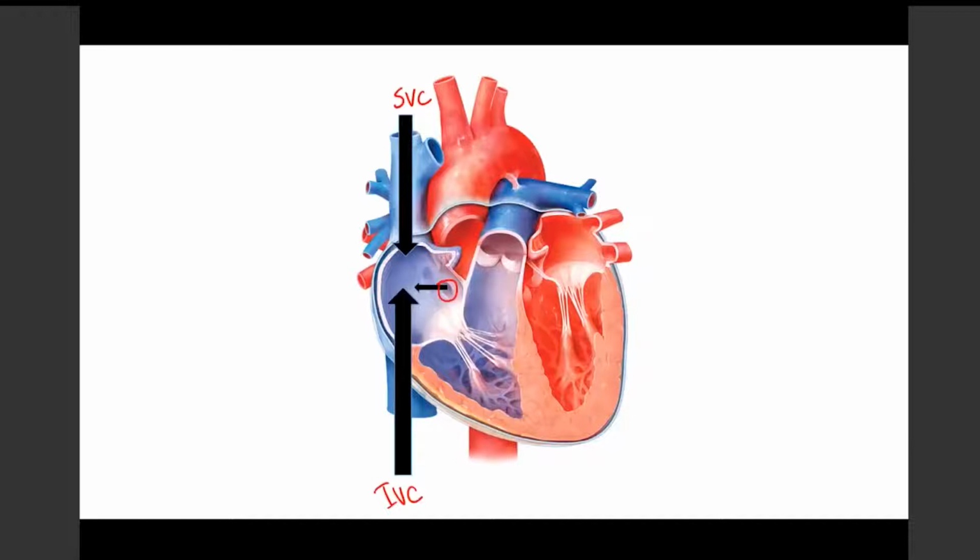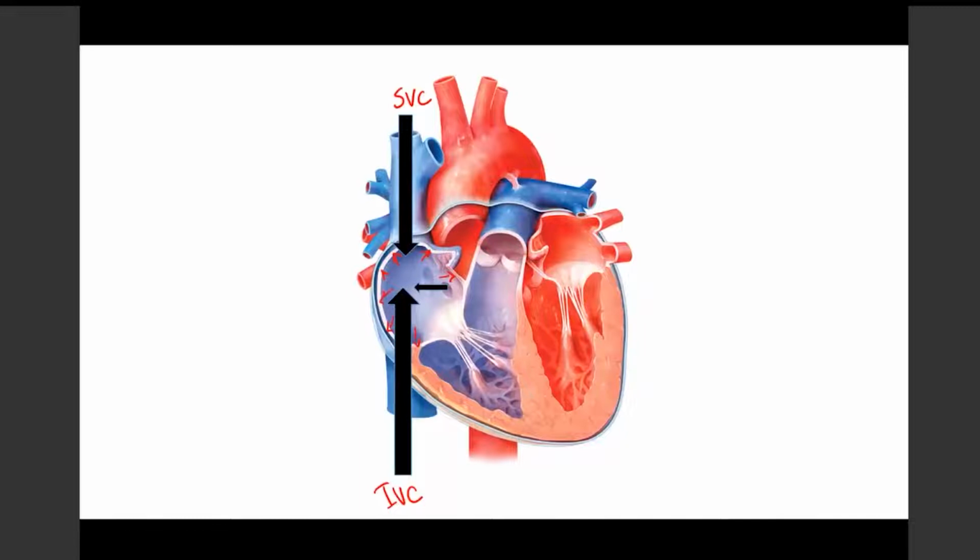So you know that blood is draining into the right atrium, and as blood starts to drain into the right atrium, think about what might happen to the pressure here. What do you think would happen to the pressure on the walls of your right atrium as blood is draining back into the heart? What's happening to the pressure in the right atrium? It starts to increase, all right?